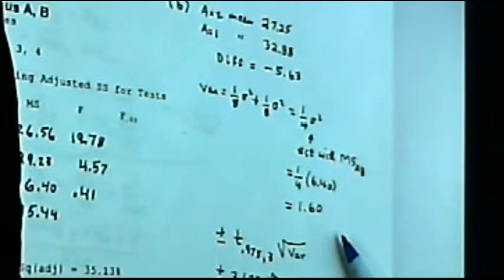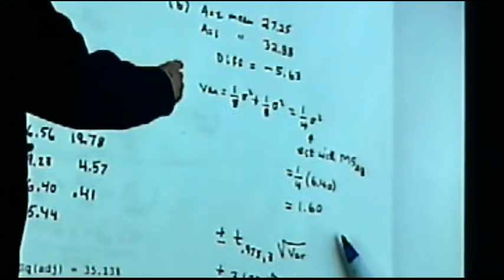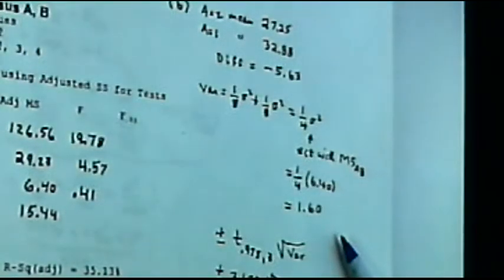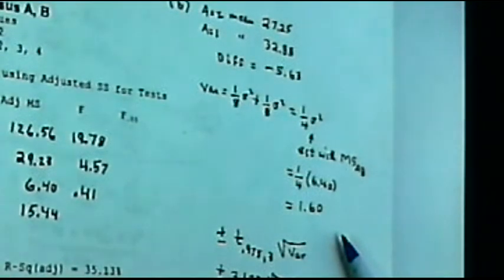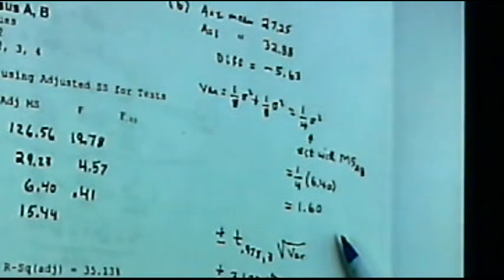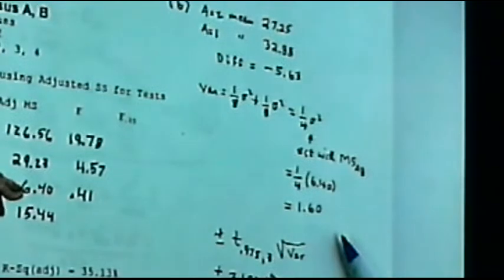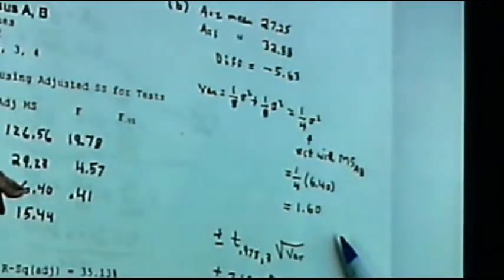Now, the reason I used mean square AB here was basically kind of soft. But basically, I'm trying to remember when I was doing the F-test, when I was testing about factor A, the denominator that I used was the AB mean square, 6.4.